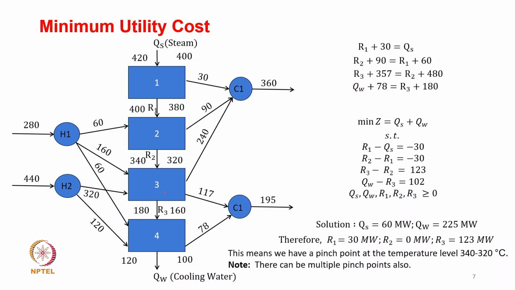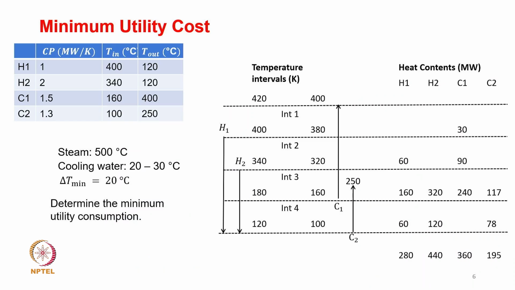And look at the interval 3, R3. R3 is going out, and so there are 2 heat connections. So heat contents you will have to add 2 for the cold and 2 for the hot.